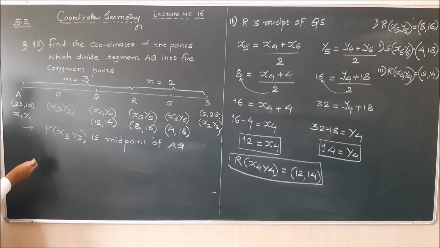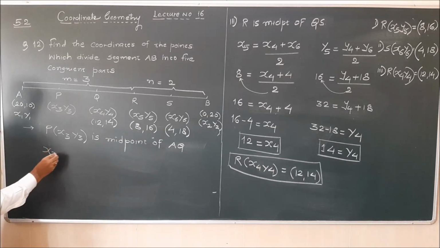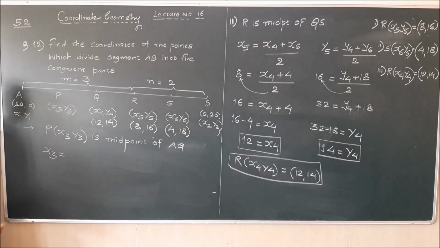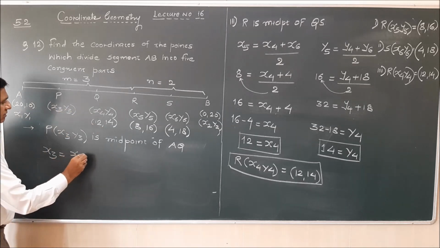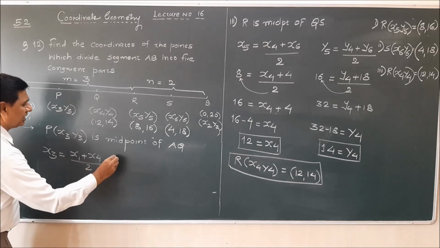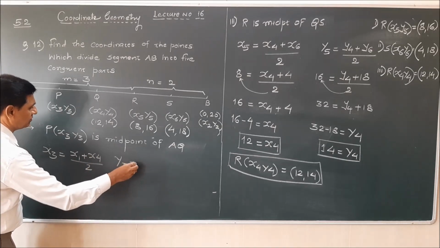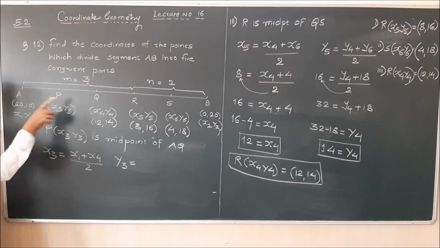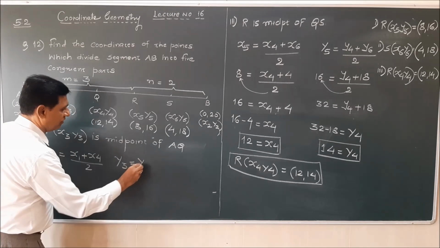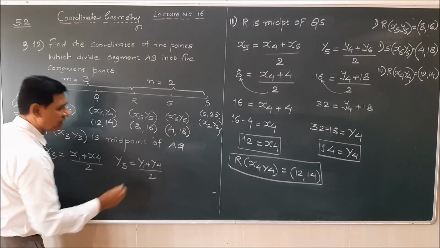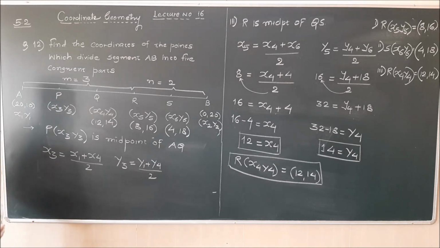Okay, so very simple way. x3 is equal to x1 plus x4 upon 2, while that of y3 is equal to y1 plus y4 upon 2. Simply substitute the values and get the answer.